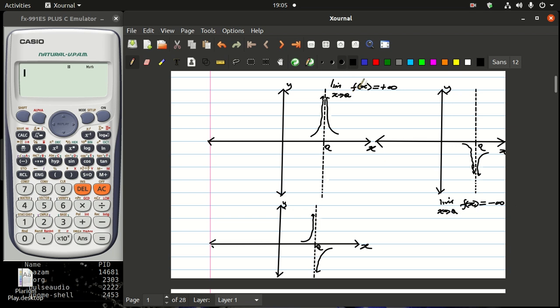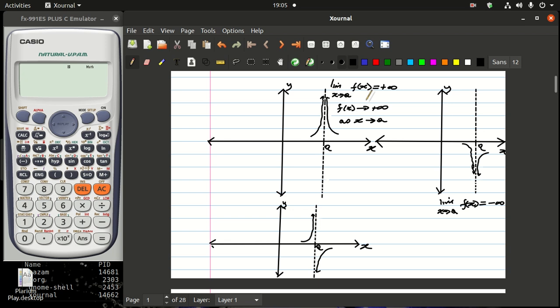The same thing here, f of x is going to positive infinity as x approaches a. Some other people prefer to say that f of x is approaching positive infinity as x approaches a.